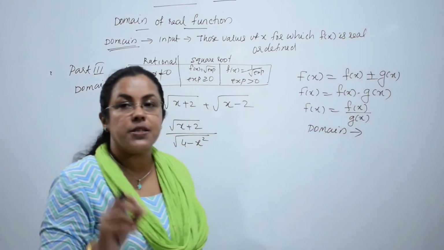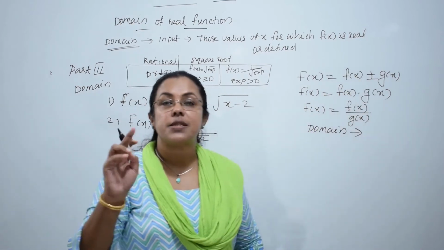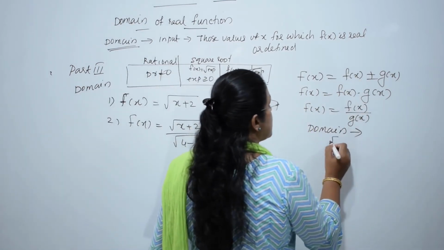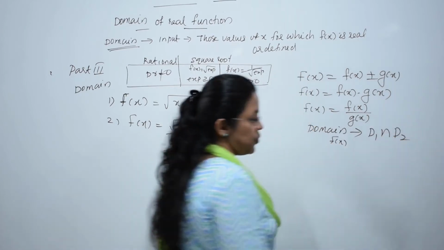Suppose the domain of f(x) is represented by d1 and the domain of g(x) is represented by d2, then the domain of F(x) is nothing but d1 intersection d2.